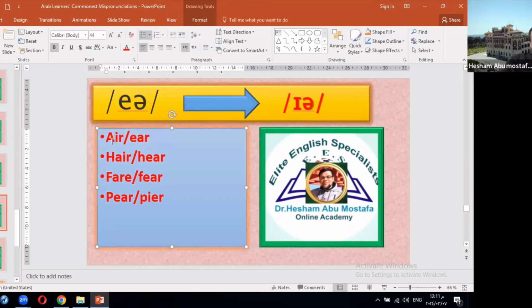This is ear. In the American accent, it's air. This diphthong is not found in the American accent. These two diphthongs are not found in the American accent, but still there is a difference. The American accent would be air, ear, hair, here, hair, fear, hair, peer. Even in the American accent, there is a difference. Okay.